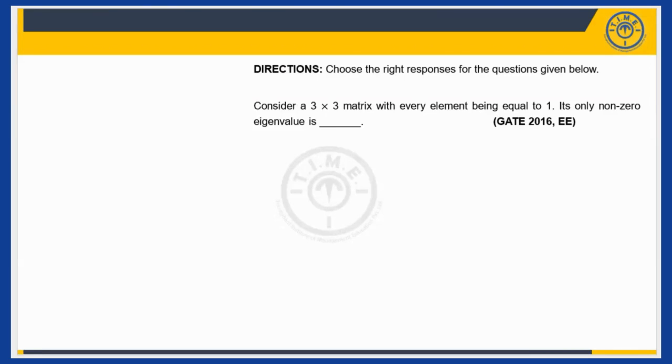Its only non-zero eigenvalue. Now what we are saying, all the elements of the matrix are 1. 1, 1, 1, 1, 1, 1, 1, 1, 1. So if all the elements of a matrix are same, then the eigenvalues are 0, 0, and the trace of the matrix. What is the trace? That is 3. That's it. So 3 is the only non-zero eigenvalue.